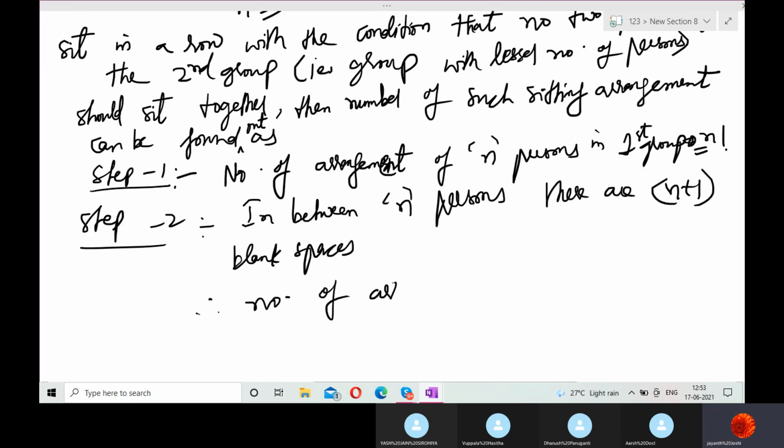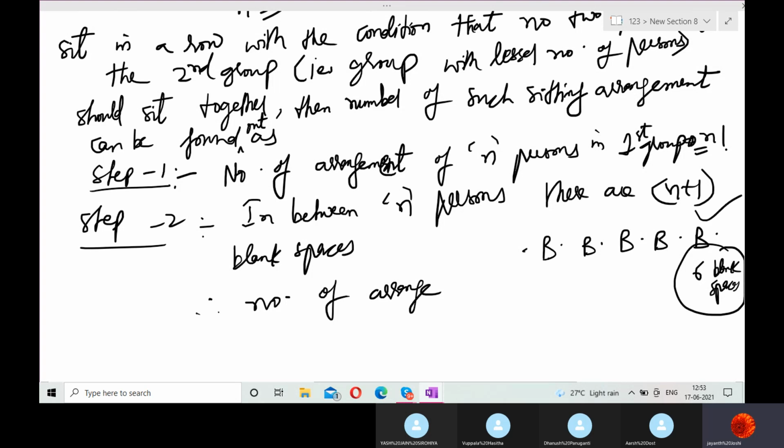Therefore, number of arrangements. For example, there are 5 boys. So how many blank spaces are there? 1, 2, 3, 4, 5, 6. So there are 6 blank spaces. So n plus 1 blank spaces, correct? 5 plus 1.